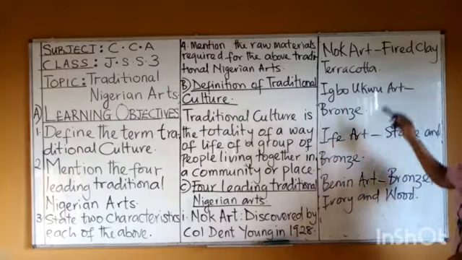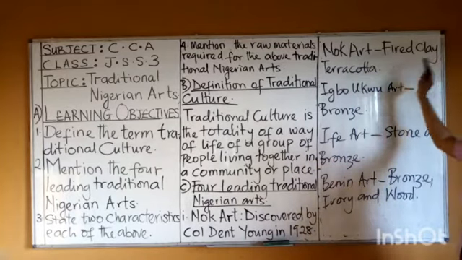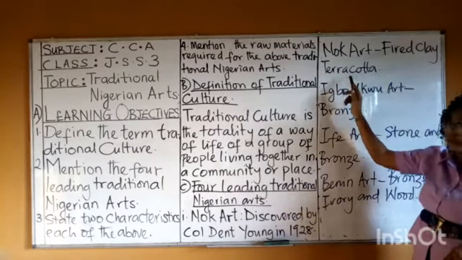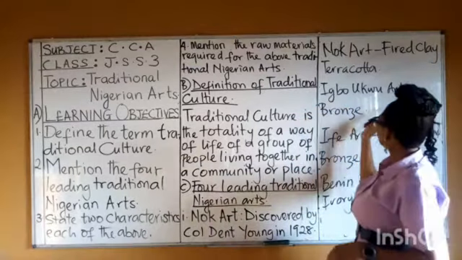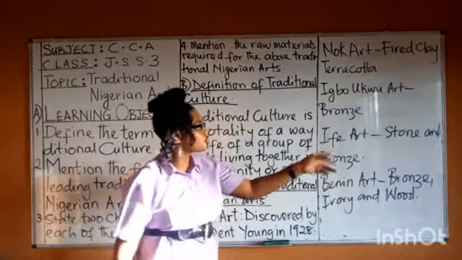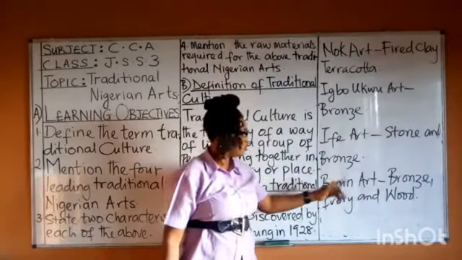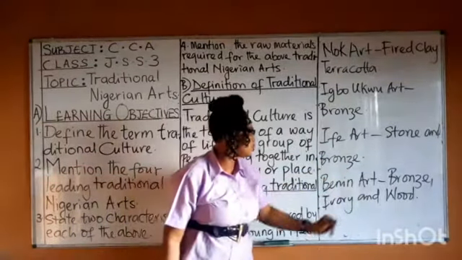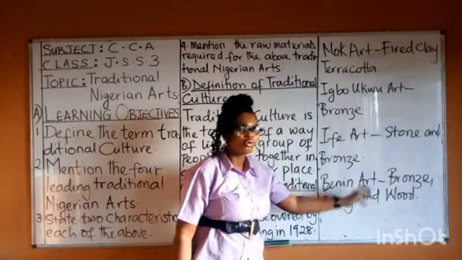We'll take it one more time. Nok, fired clay known as terracotta. Igbo art, mostly bronze. Ife art, stone and bronze. And Benin art, bronze, ivory, and wood.